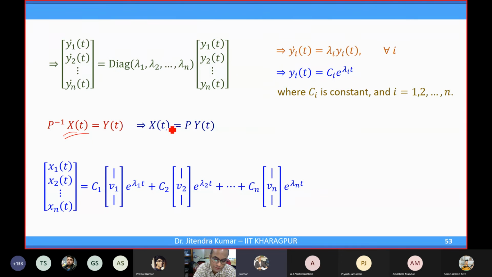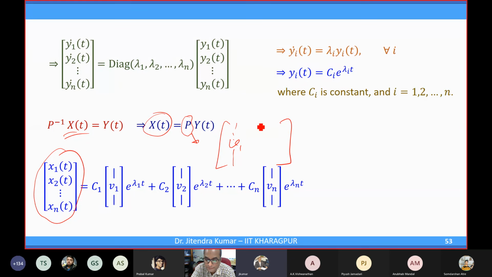So what is your solution in terms of x(t)? You have x1, x2, x3, up to xn equal to P times y. Just remember your P, the modal matrix, has as its entries the first column, the first eigenvector, then V2, the second eigenvector, and so on. You have those n eigenvectors, and then we are multiplying by y: y1, y2, y3, yn. Correct?